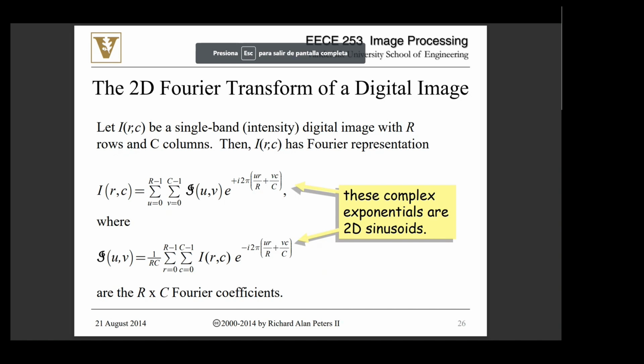Discrete Fourier transform. So the Fourier transform has kind of family names, so qualifiers. This is the discrete Fourier transform. It is discrete because you have a finite set of frequencies and also a finite set of pixels, spatial locations.